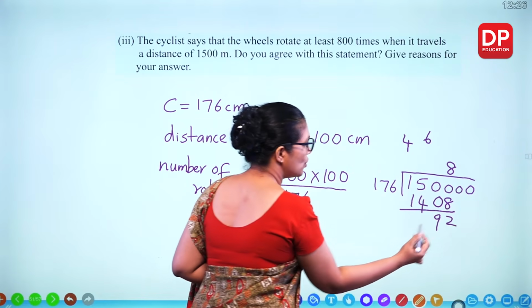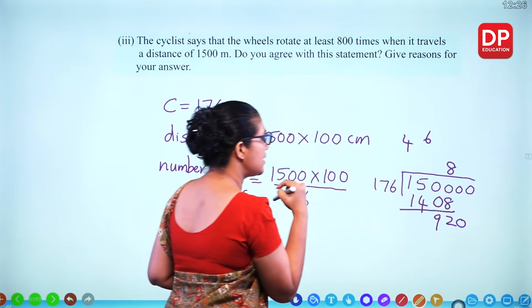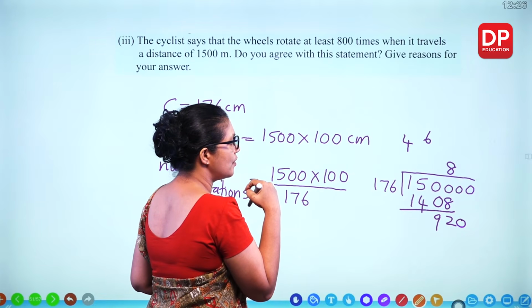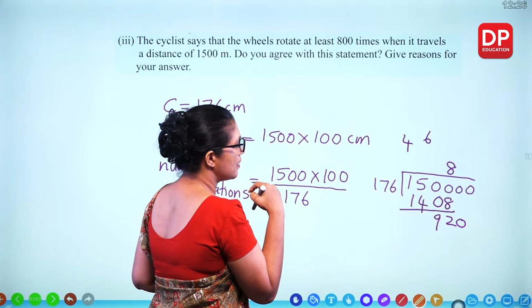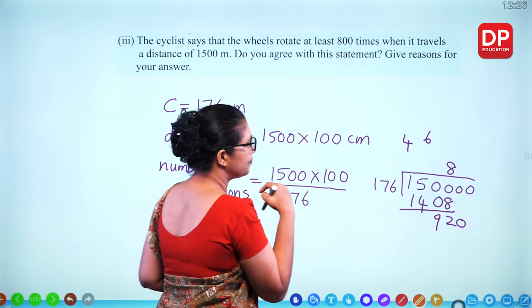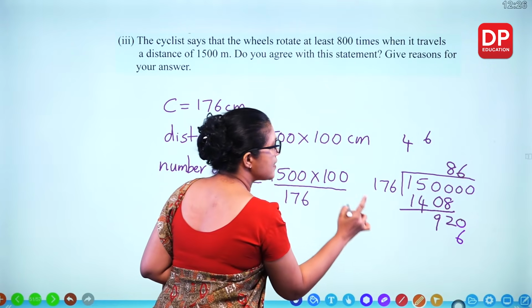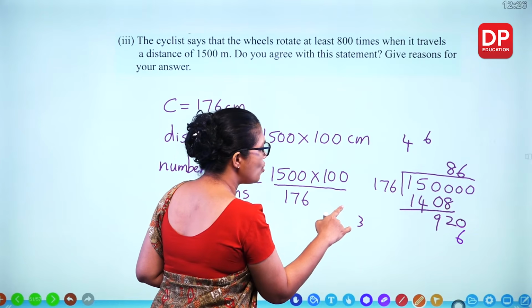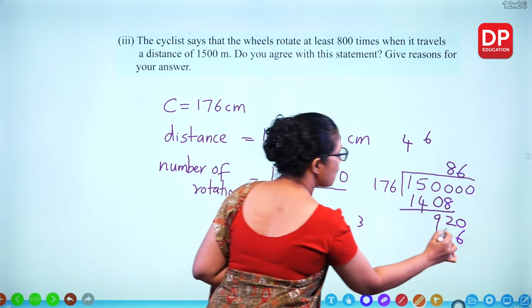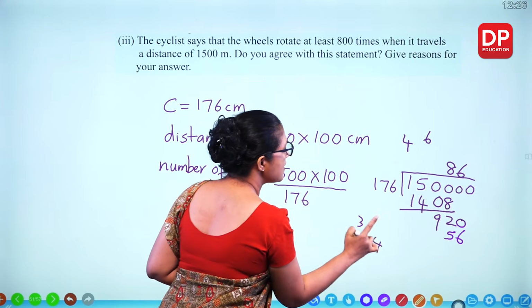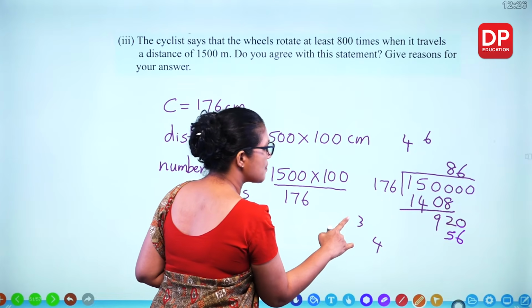So 92. For 920, what's the value? So you get 6. 6 times 6, 36. 3 remaining. 6 times 7, 42. 42 plus 3, 45. 4 remaining. 6 times 1, 6. 6 plus 4, 10.